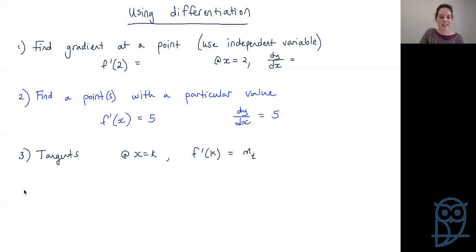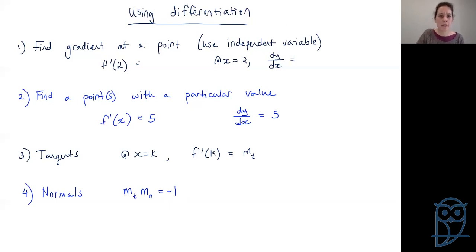Your world expands in AS Maths because we add in normals. Okay? Your normal is perpendicular to your tangent. So at x equals k, f dash k equals mt, and we know that mt times mn equals -1 because normals and tangents are perpendicular.